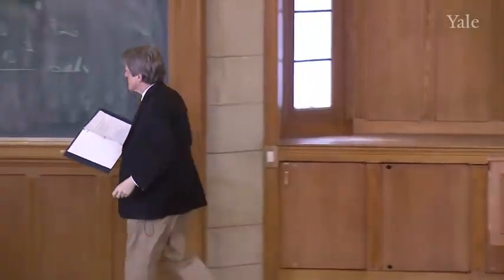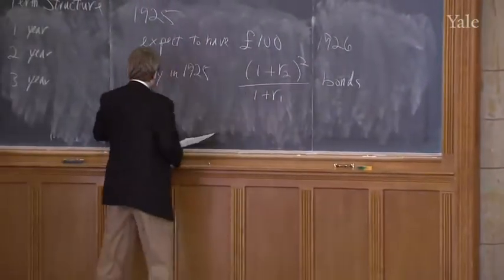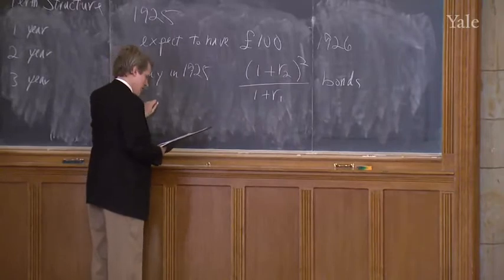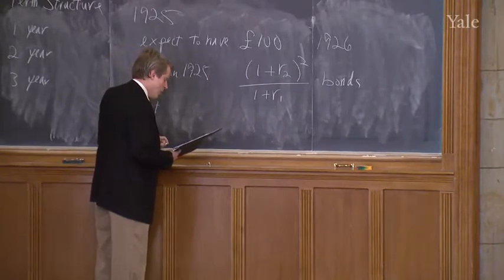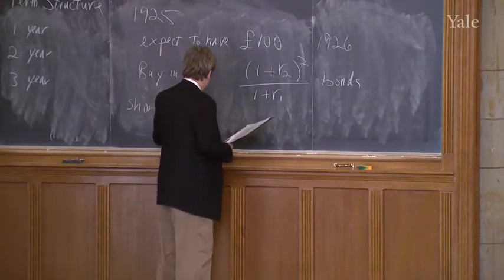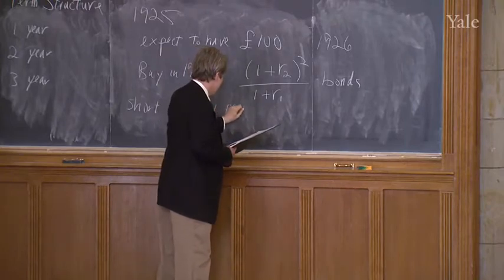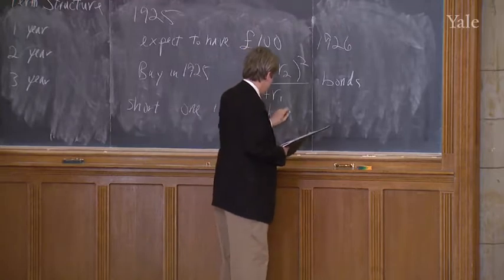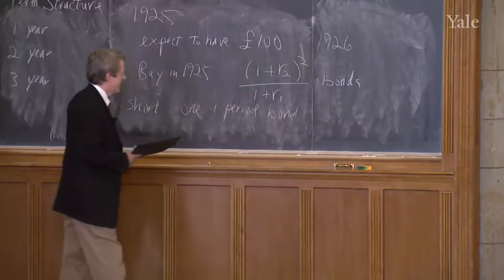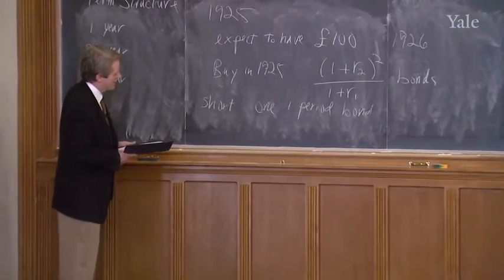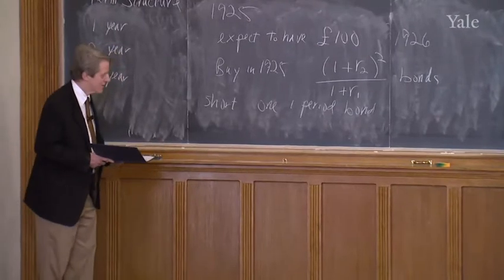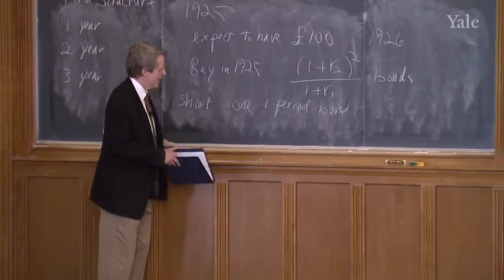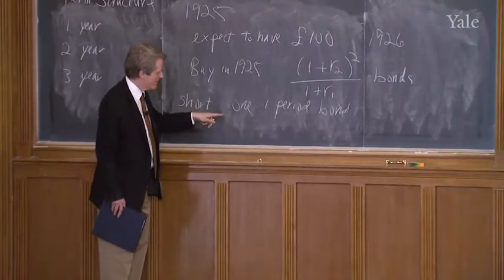And then I have to short in 1925 one period bond. Okay, suppose I do that, worth 100, that matures at 100 pounds, okay? So suppose I do that. What happens after 1 period?